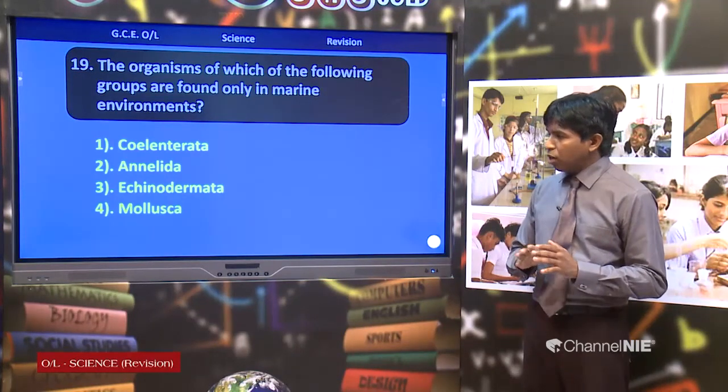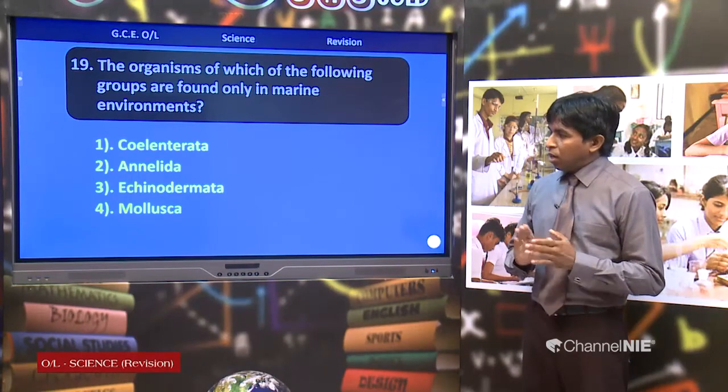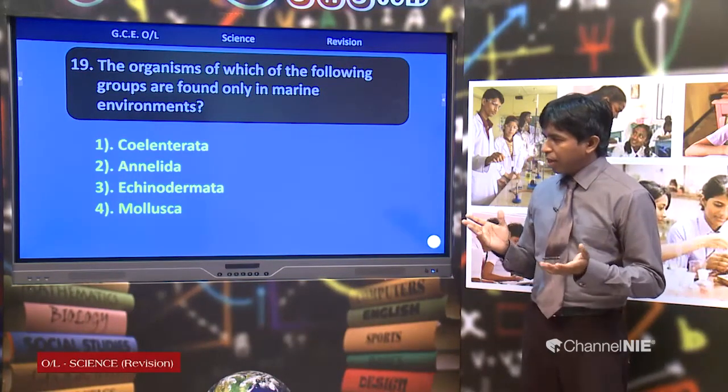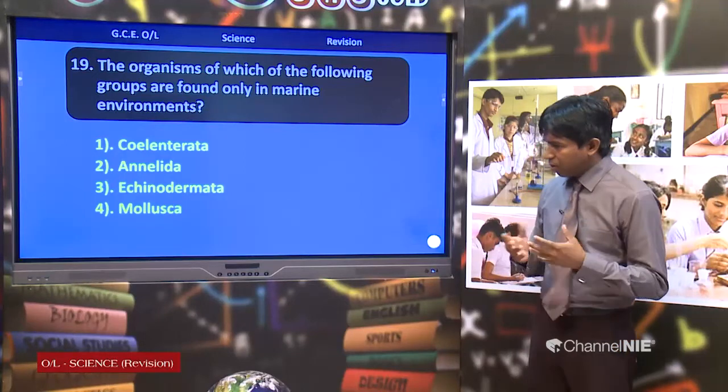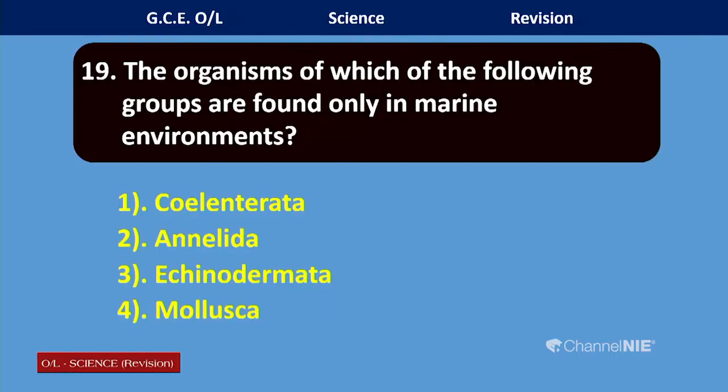But when it comes to echinodermata, all the organisms are in a marine environment. Last one, mollusca. The examples under mollusca are the snail, cuttlefish, sometimes covered with a shell. In mollusca there can be both fresh water as well as marine. The snail is found in a wet environment, and the squid and cuttlefish are found in a marine environment. So, the answer for question number 19 is the third one.